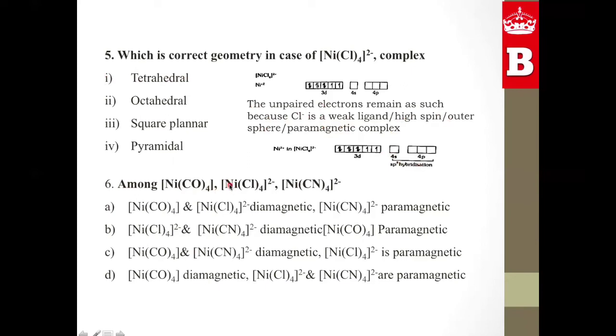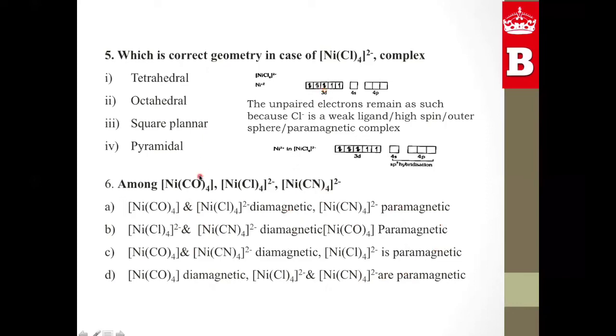Nickel tetracarbonyl, nickel chloride NiCl4, and nickel cyanide. They have asked which one is diamagnetic and which is paramagnetic. So if I have to find out diamagnetic or paramagnetic, I have to find out which one is the stronger ligand. Better not to go into the details, just find out whether they have strong or weak field ligands.